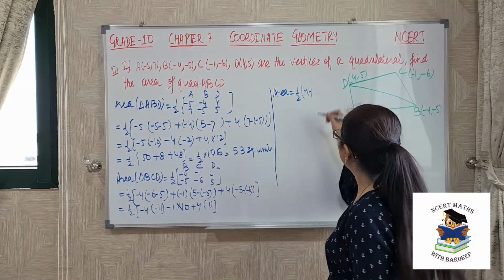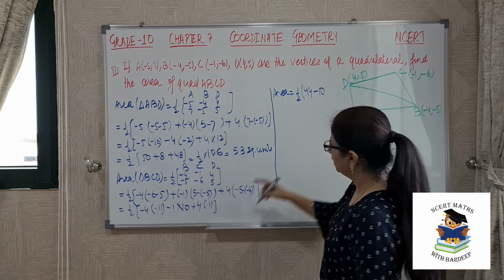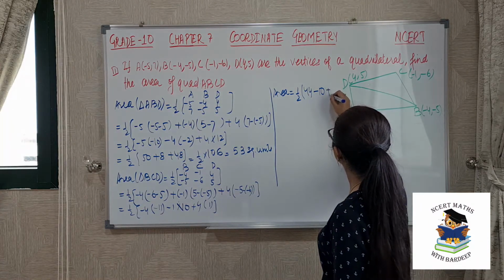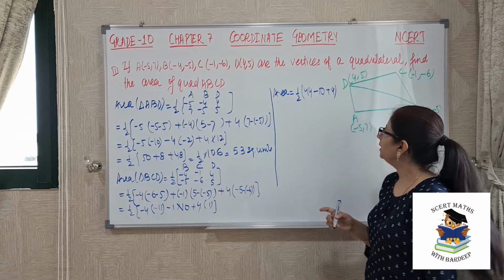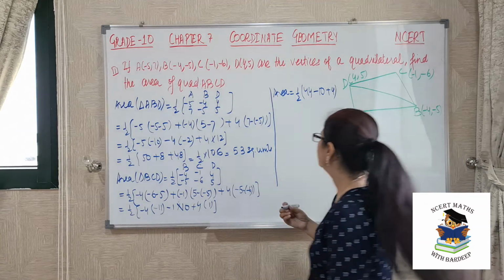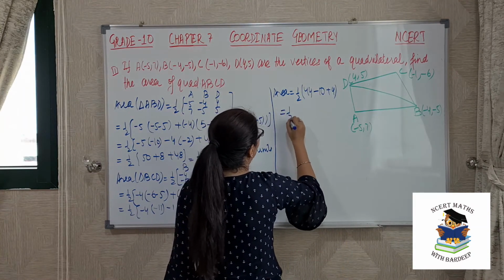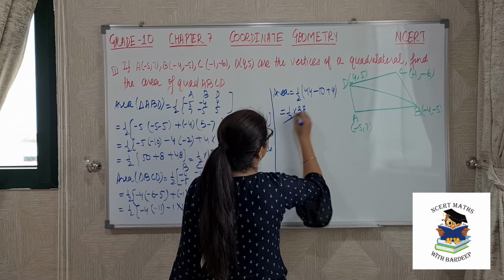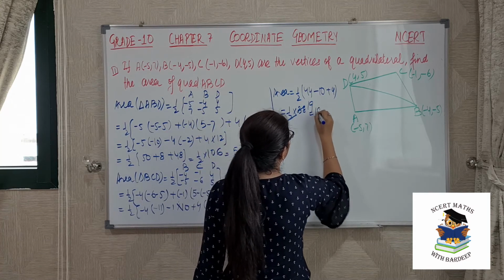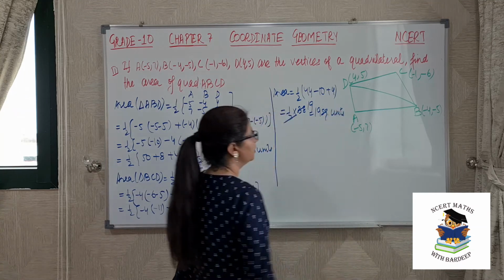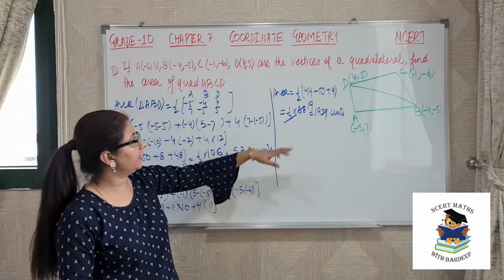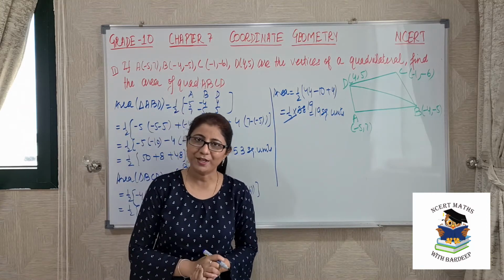So minus 1 into 10, this is minus 10, and now plus 4. 44 plus 4 is 48. 48 minus 10 is 38. So this is half of 38. If you cancel, this will be 19 square units. So what is the area of BCD triangle? This is 19 square units.